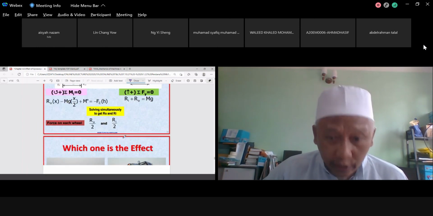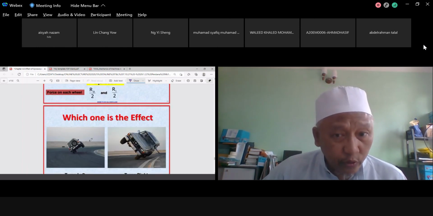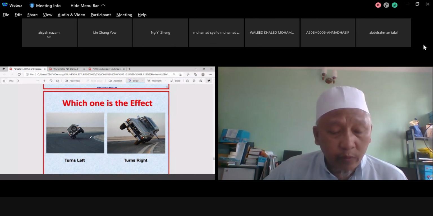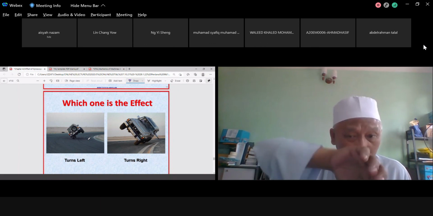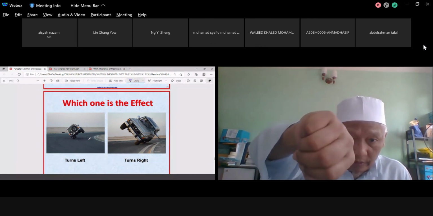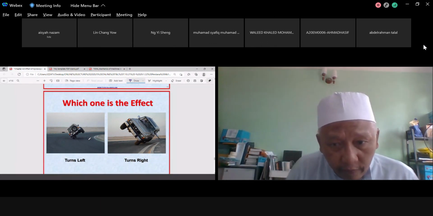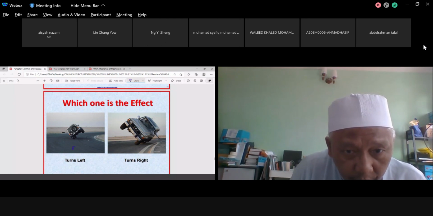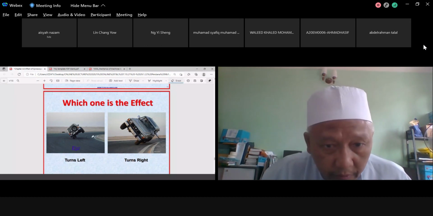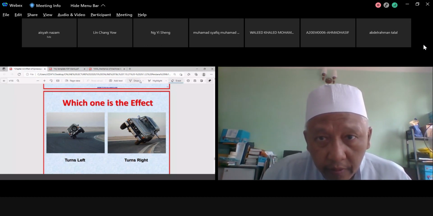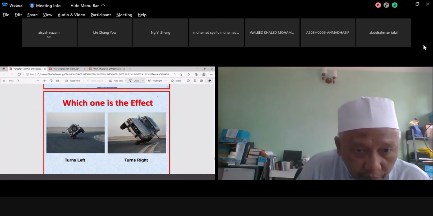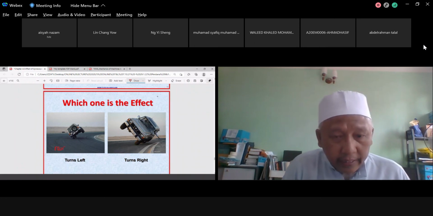You can do this one, but it's very difficult to look at which will leave the ground. For example, this one, turn to right, for example, isn't it? Turn to right from rear, yeah. This one from the rear, isn't it? Turn to right.